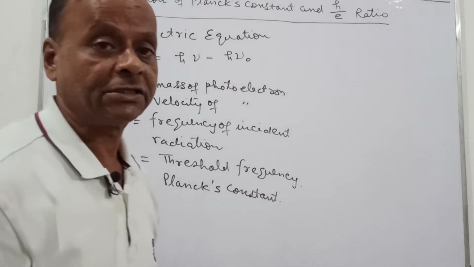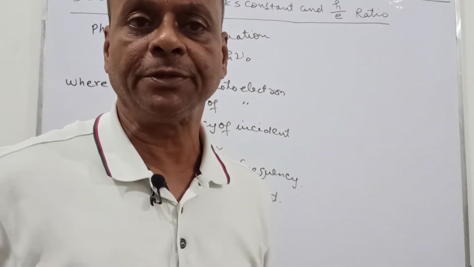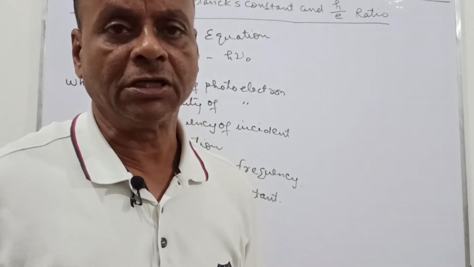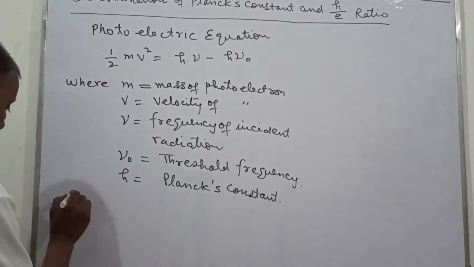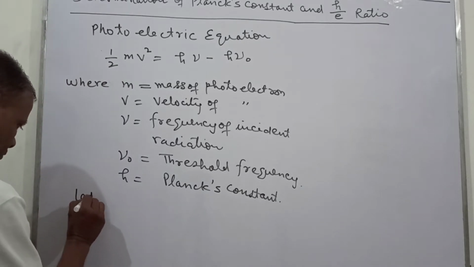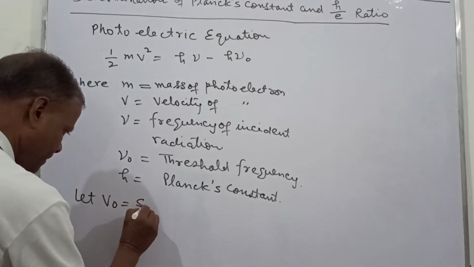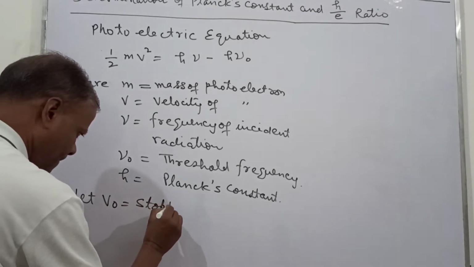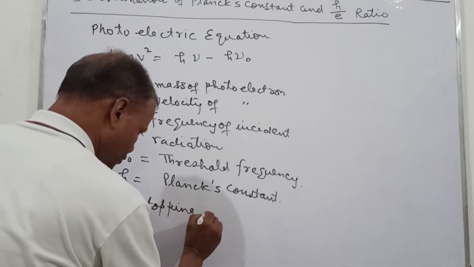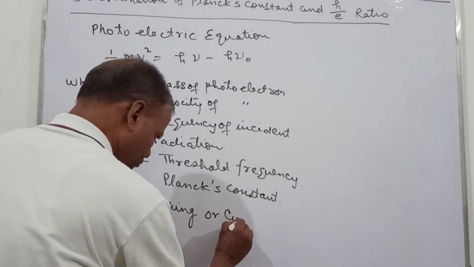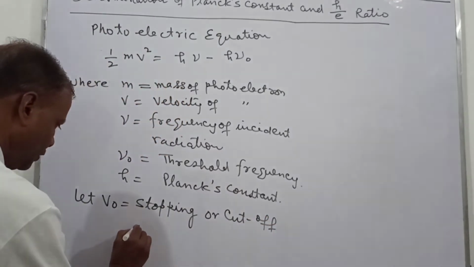And as we know that this kinetic energy of the photoelectron is measured by the stopping voltage or the cutoff potential. Let V naught equal to stopping or cutoff voltage.